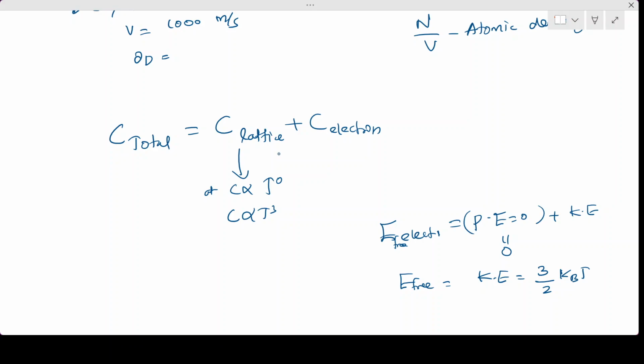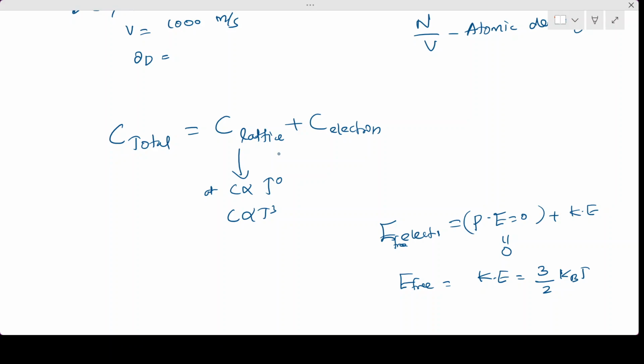Comparing all three theories, Debye could successfully explain the lattice specific heat at low temperature and high temperature, where at high temperature the specific heat capacity at constant volume is constant. At low temperature, specific heat capacity is proportional to T cubed, the applied temperature. So that was the main inference.